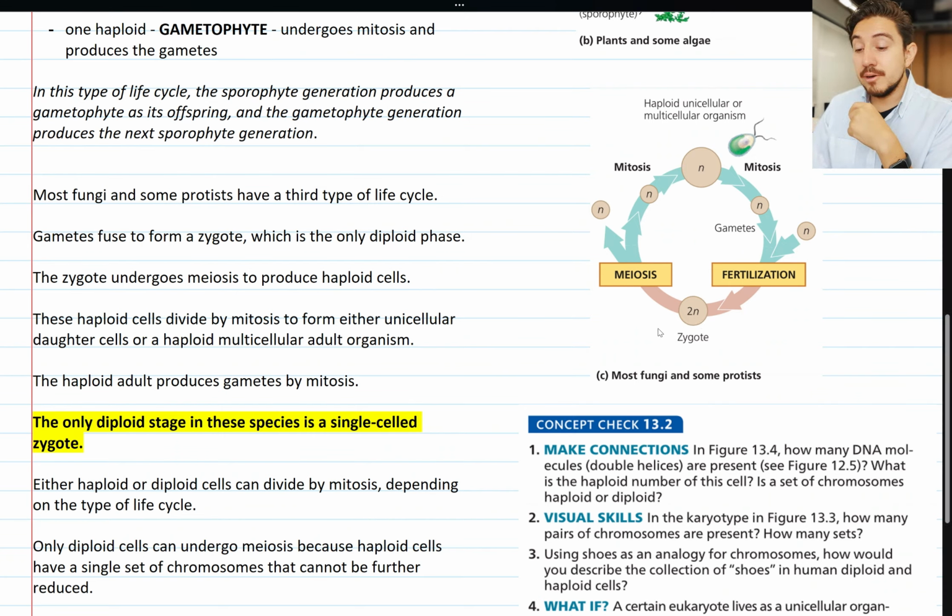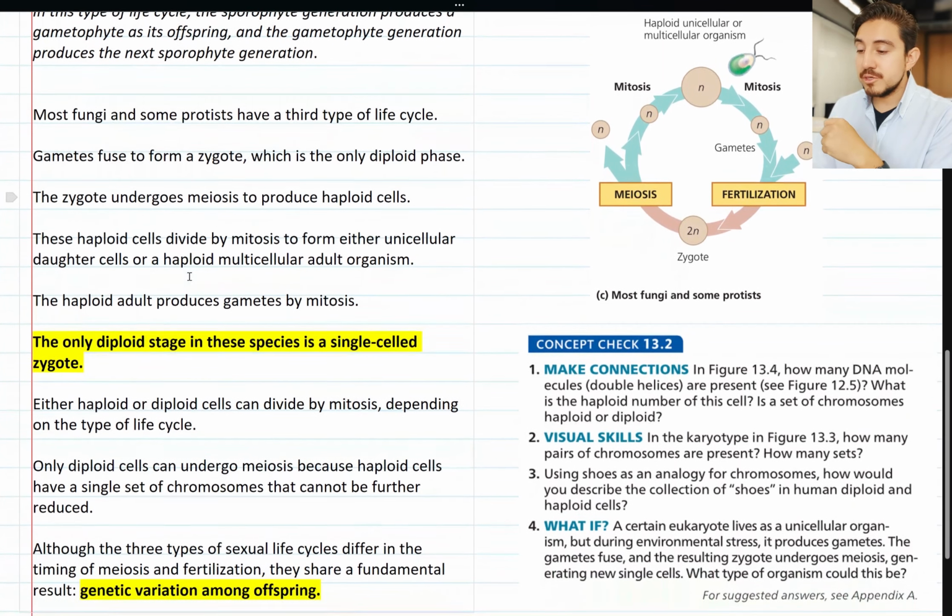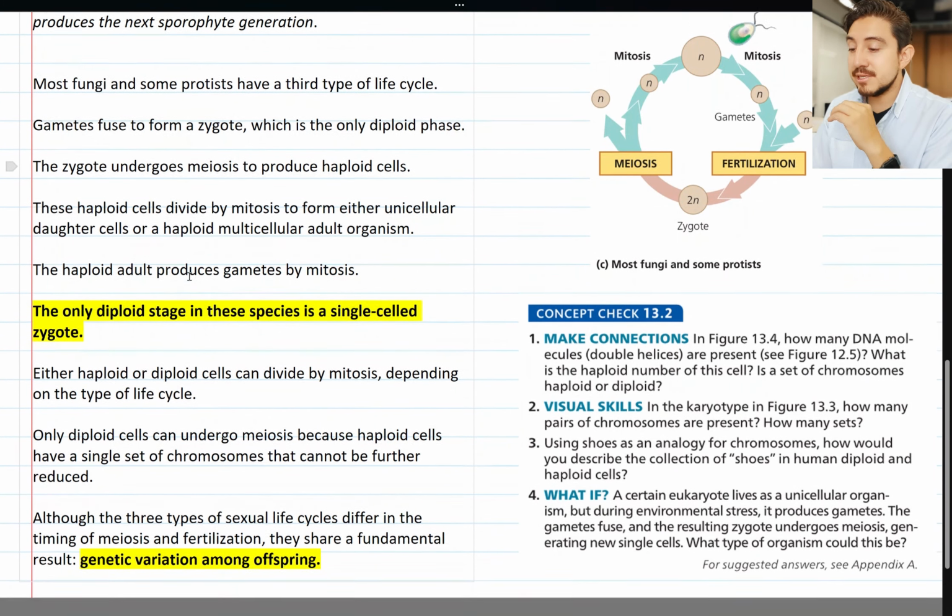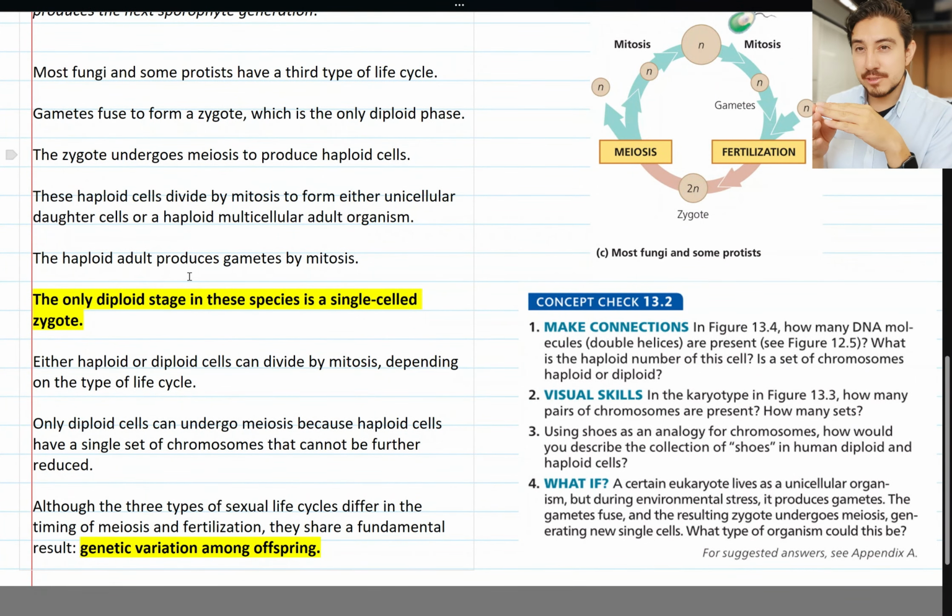It will directly undergo meiosis, and then that meiosis will give you haploid cells, which will then fertilize again and again. So gametes fuse to form a zygote, which is the only diploid phase. That zygote will undergo meiosis to produce haploid cells, and then these haploid cells, as I mentioned before, will divide by mitosis to form a unicellular daughter cell or a haploid multicellular adult organism.